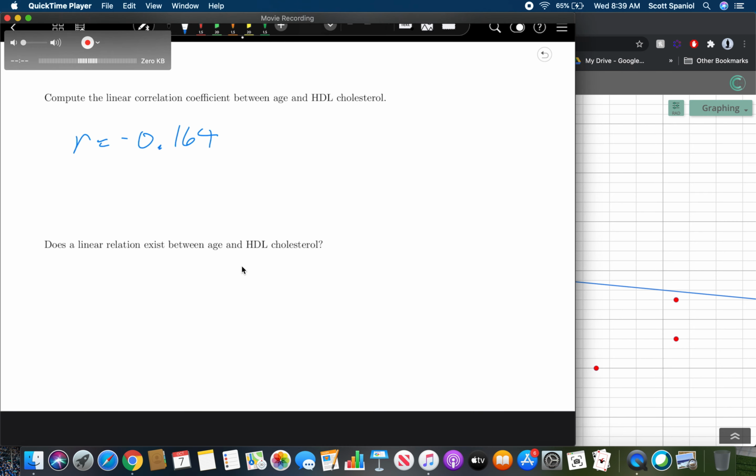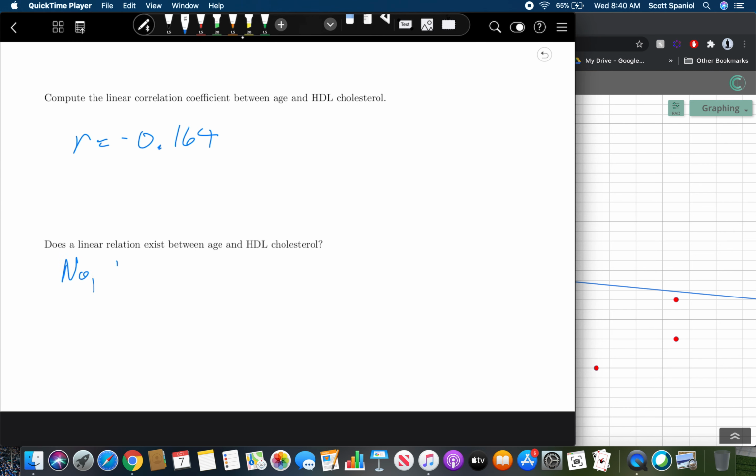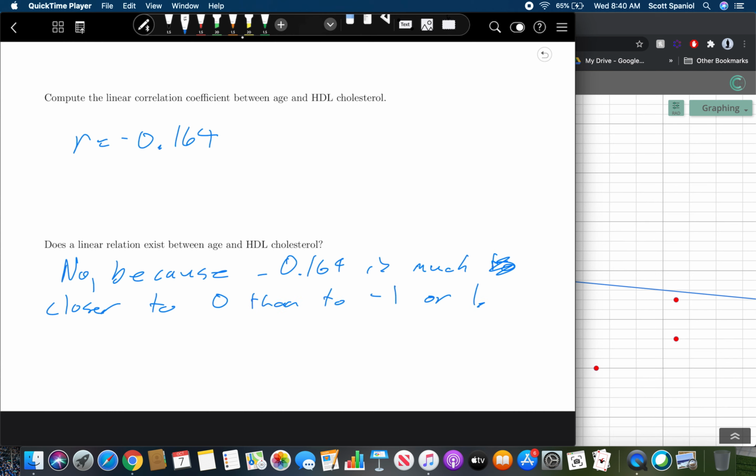So we can say, does a linear relation exist? No, because negative 0.164 is much closer to 0 than to negative 1 or 1. That's the idea of what you're doing in these problems.